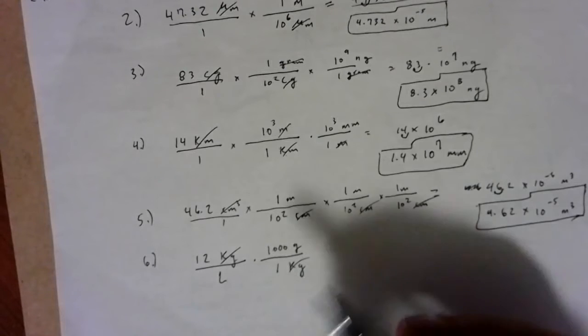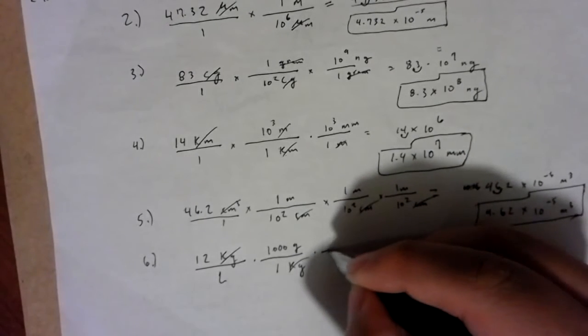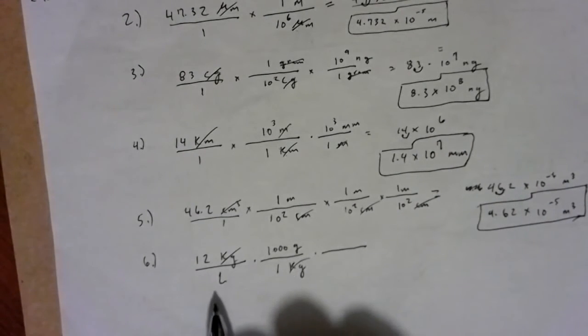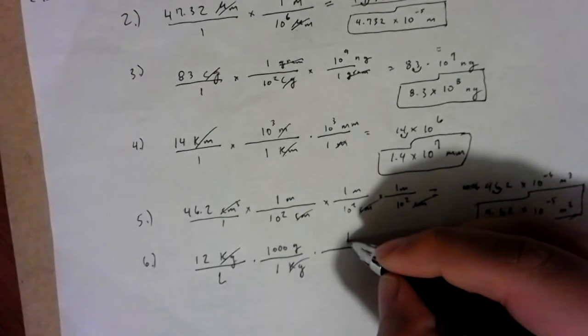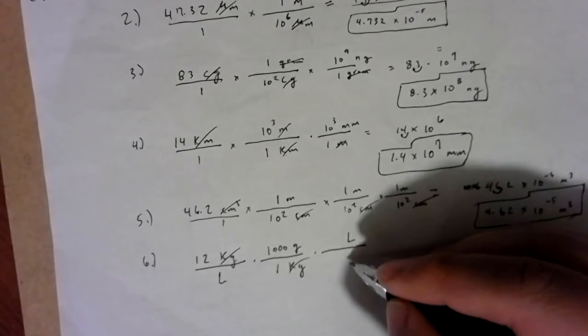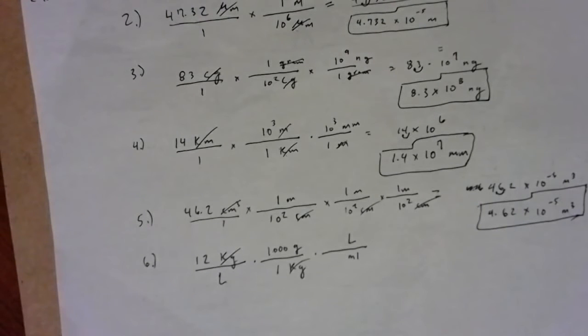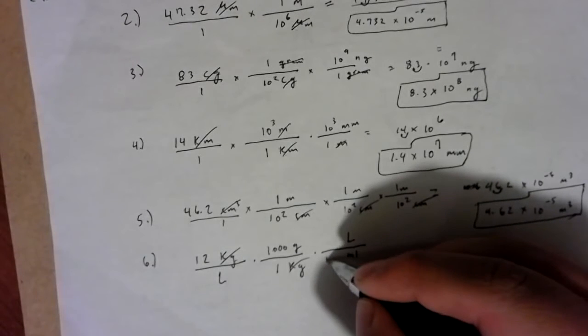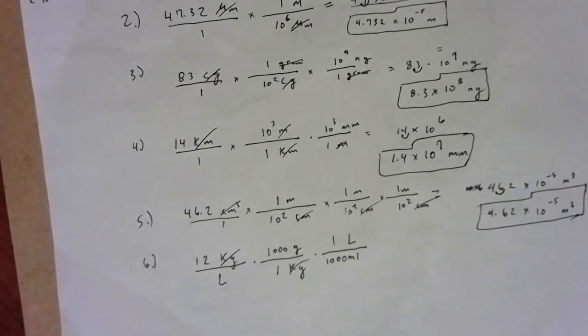Now we need to do the volume part. So times, and then we want to go to milliliters. So this time I want liters on the top, and then milliliters on the bottom. And how many milliliters do we have in a liter? 1,000. So 1,000 milliliters per 1 liter.